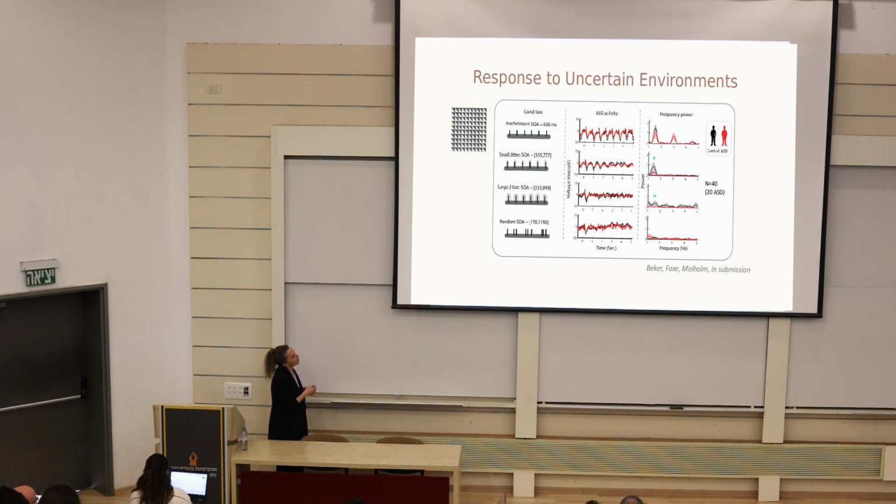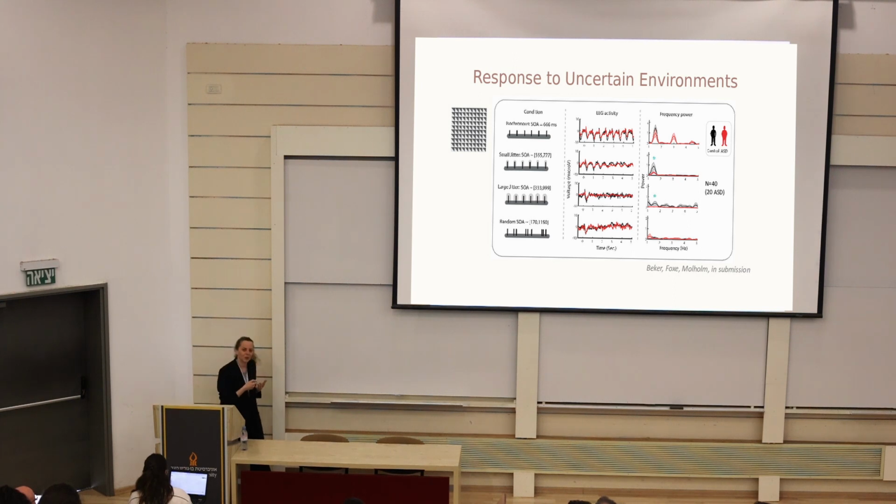In the jitter conditions, both the small jitter and the large jitter, there was a significant difference between the power at 1.5 hertz. And in the random condition, there was again no difference between the groups because there was no power. There was no sense of periodicity. So in other words, in the two extreme conditions, the fully periodic and the non-periodic, there was no difference between the groups.